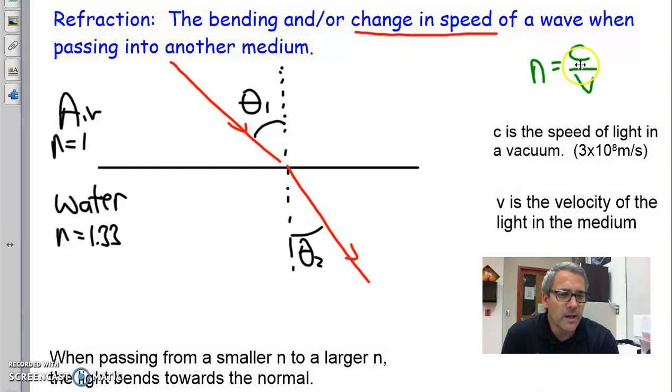So the speed of light in vacuum and the speed of light in air are basically about the same. So n is 1 for air. But in water, it slows down dramatically. And so if you put 1.33 here, and the speed of light here, which is referenced right there, you could solve for the speed of light in water, which is considerably slower than in vacuum.